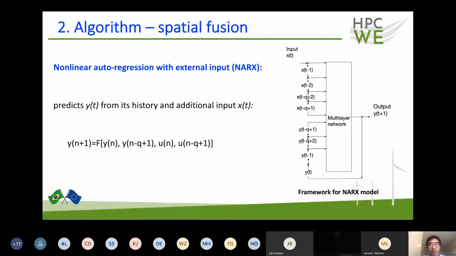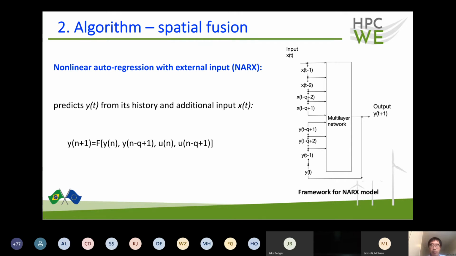Okay, so the second step is the spatial fusion. This is relatively straightforward. We just use a nonlinear autoregression with external input. So we have the input and the history of the point we are estimating, and generate the present output.